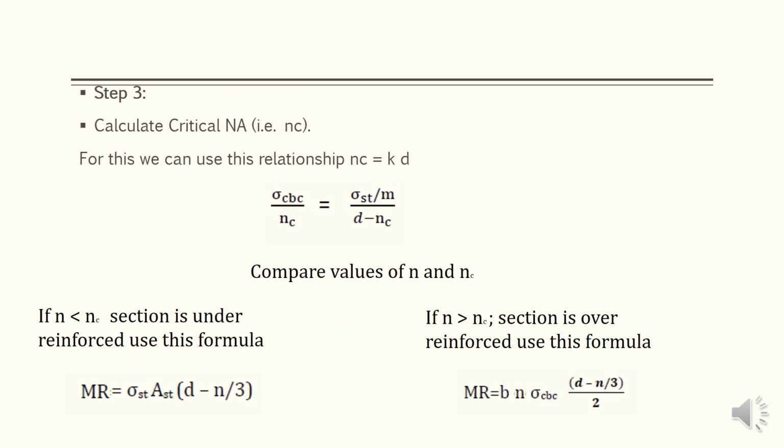Step number 3 is the calculation of critical neutral axis. For this we can use the relationship nc is equal to k into d. We determine the nc value using the formula sigma cbc divided by nc is equal to sigma st divided by m, divided by (d minus nc), where sigma cbc is the permissible stress in concrete, sigma st is the stress in steel, m is the modular ratio, and d is the depth of the section.